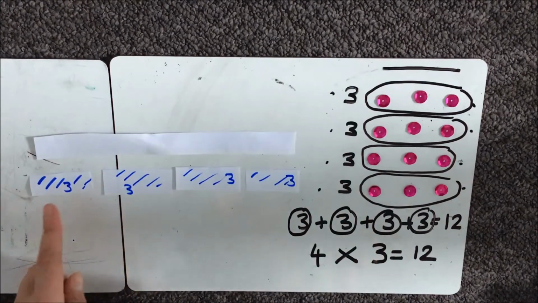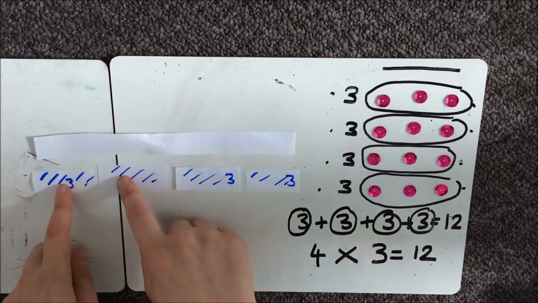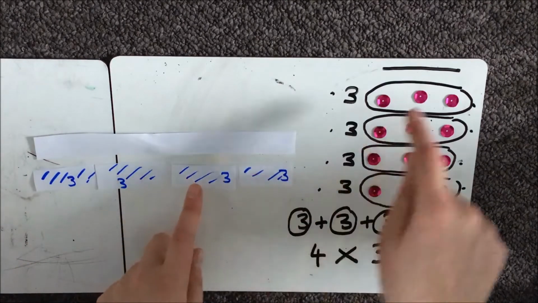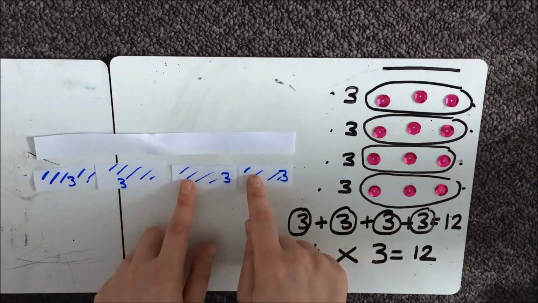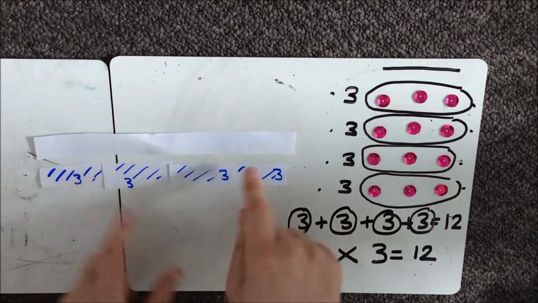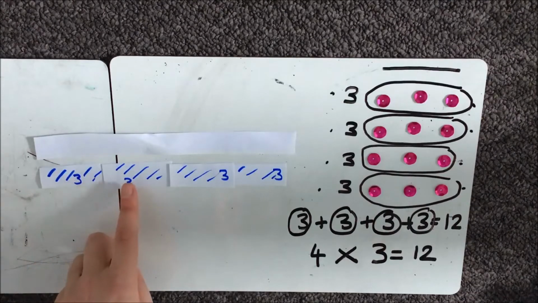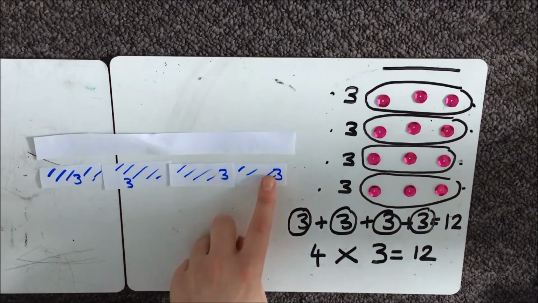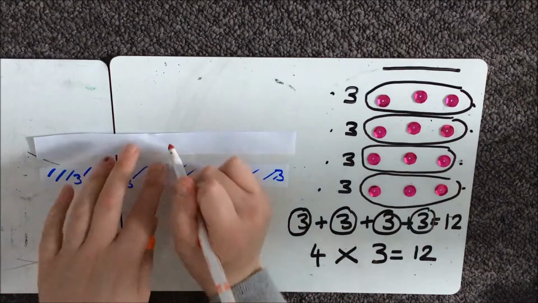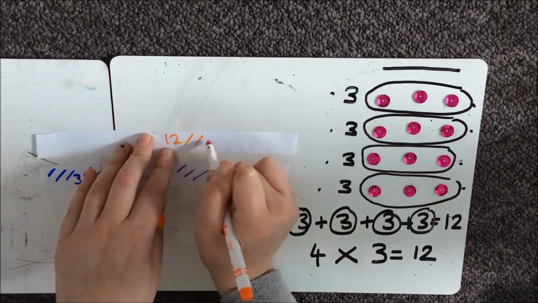I need to count in 3s and I need to count all of my parts because these 4 parts, or these 4 rows, go together to make my whole. So let's count in 3s again. 3, 6, 9, 12. So all together there are 12.